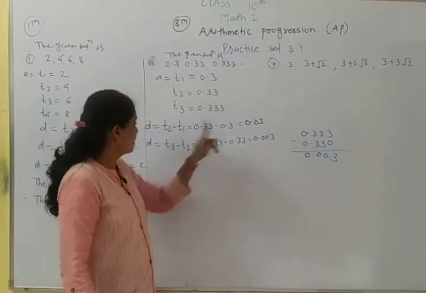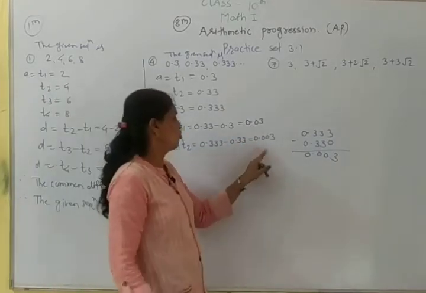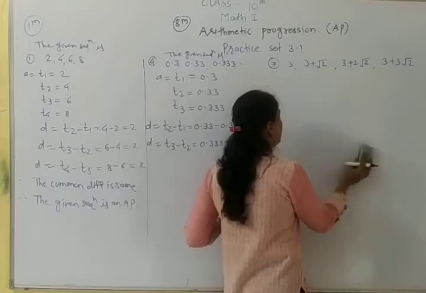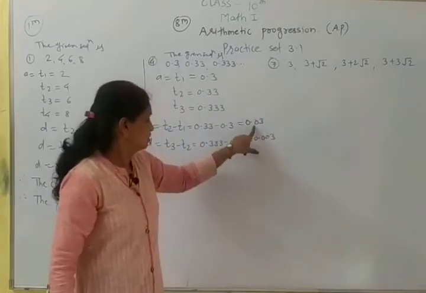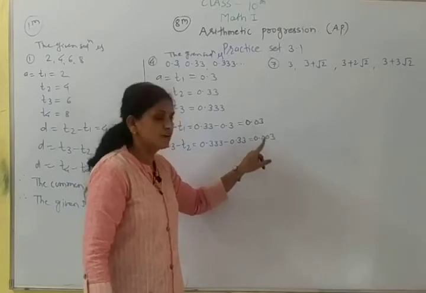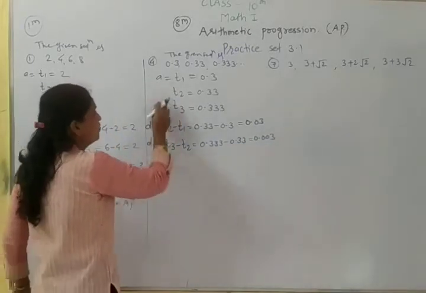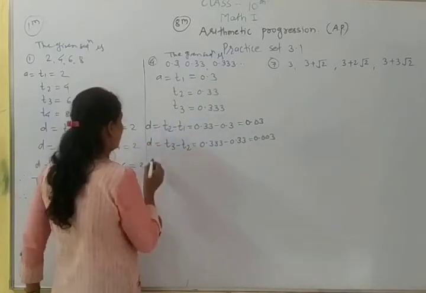Here T2 minus T1 is 0.03 and T3 minus T2 is 0.003. Both are different. So here the difference is not same. So the given sequence is not an AP.